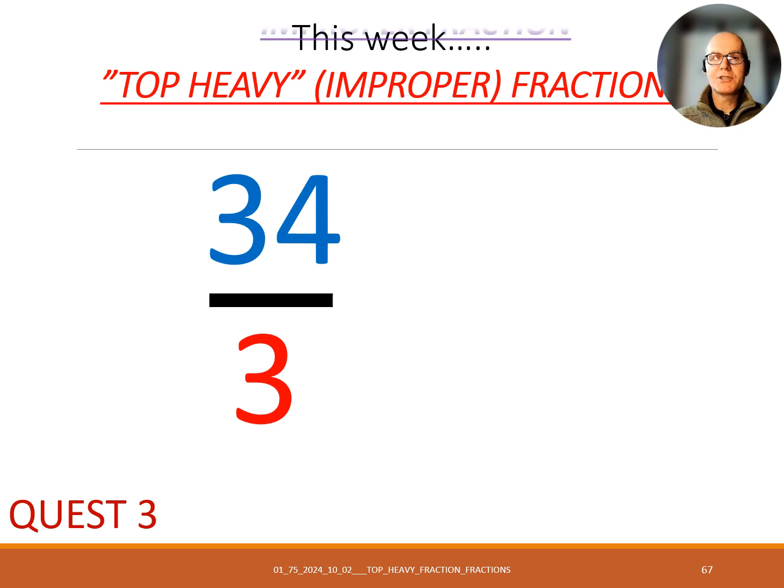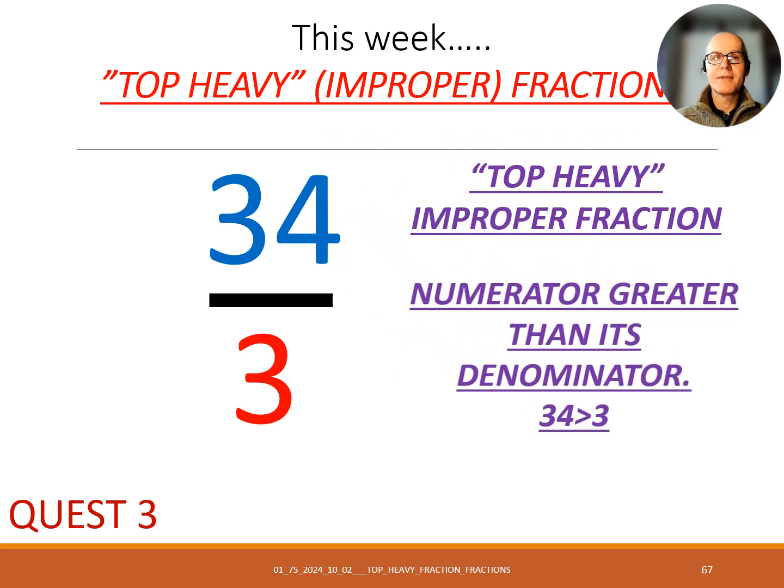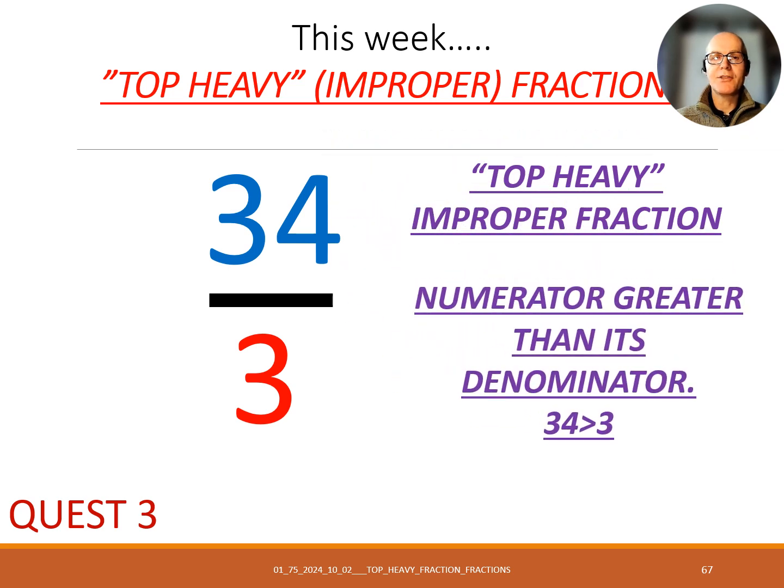34 thirds is a top-heavy or improper fraction. That's because the numerator, 34, is greater than the denominator, 3. The top number is bigger than the bottom number.